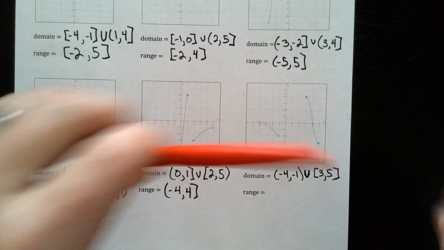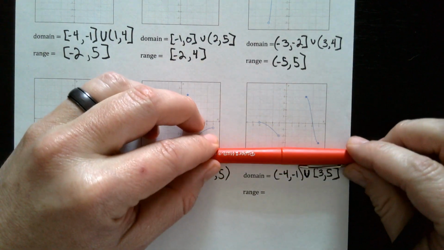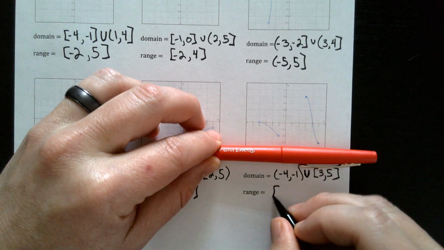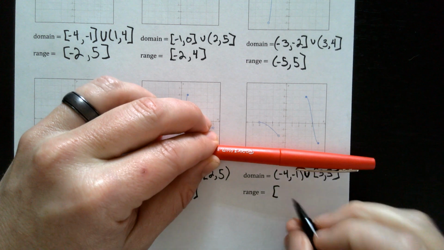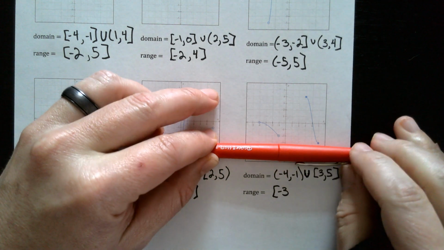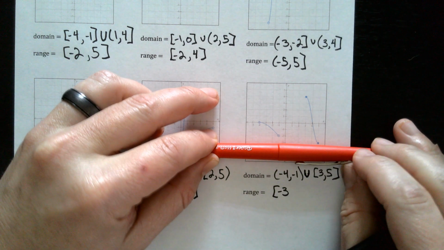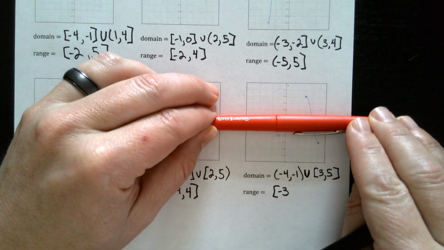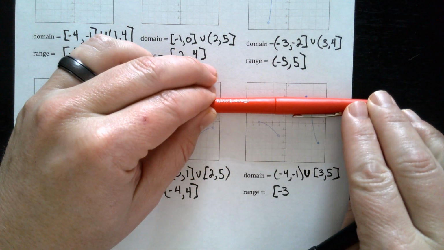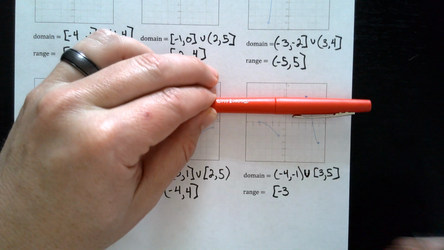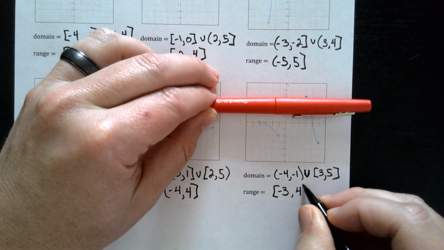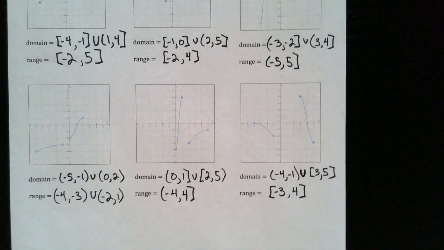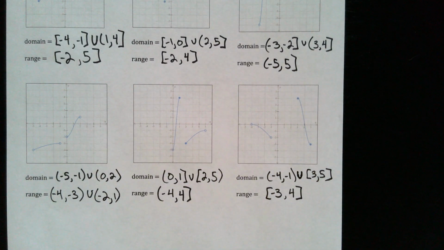Okay, now for the range, we start at the lowest point, which is -3, and that's included because there's a solid dot right here. And then we move up until there's no more graph. There's one graph, now we're hitting 2 graphs, now we're hitting 1 graph again, and it stops at, how high does that get? 4, and that is included. Okay, and that's how you find the domain and range of a graph of piecewise functions.